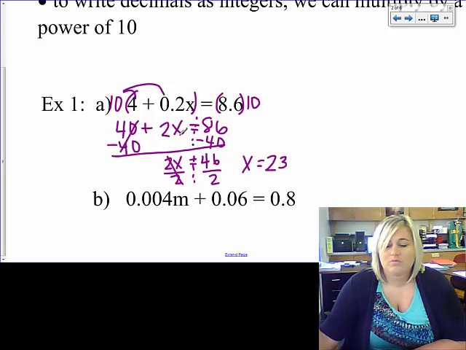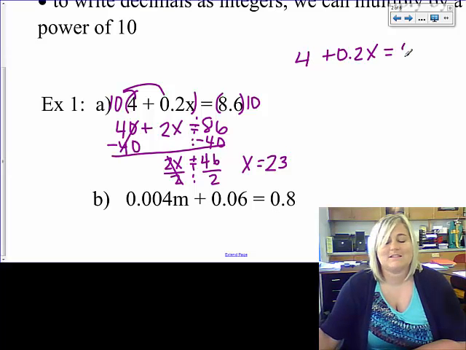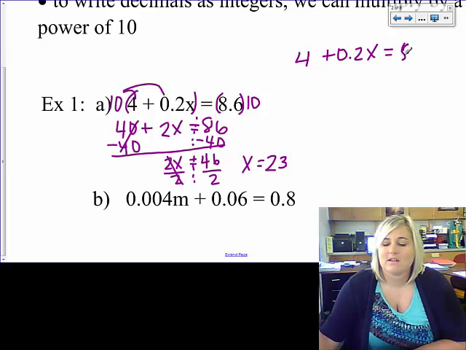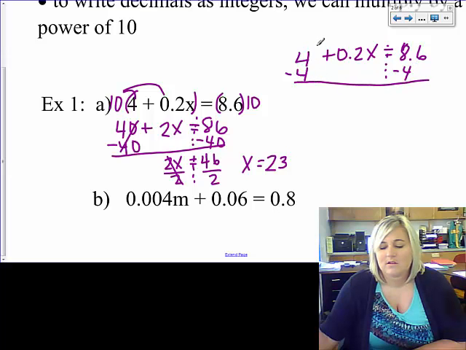Now if we hadn't changed it to an integer, I would have 4 plus 0.2x, or 2/10x, equals 8.6, or 8 6/10. Same exact process. The left side is the side that has the variable. The farthest thing away is this 4, so I'm going to subtract 4 from both sides. Cancels out.